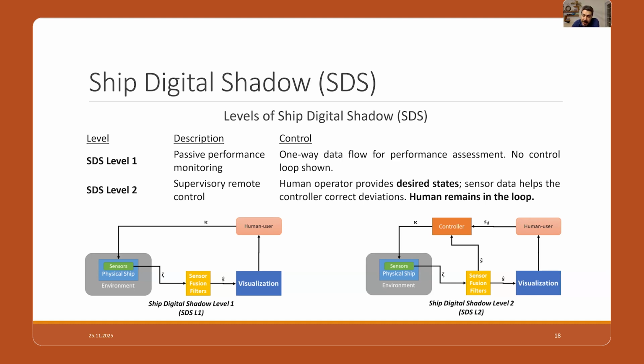So things start getting more complex, but generally, digital shadow is only for passive performance monitoring, or the maximum is supervisory remote control. You still remotely control it, but the computer provides some supervision for the human operator.